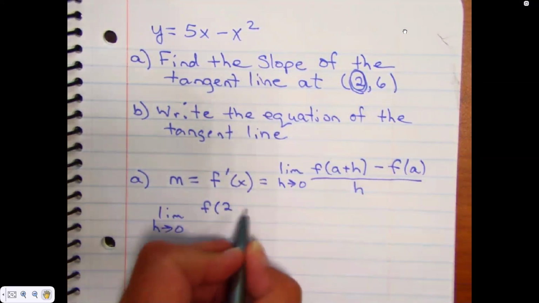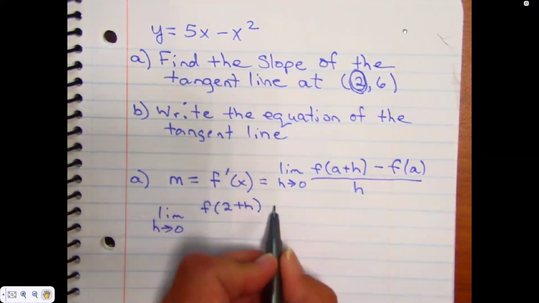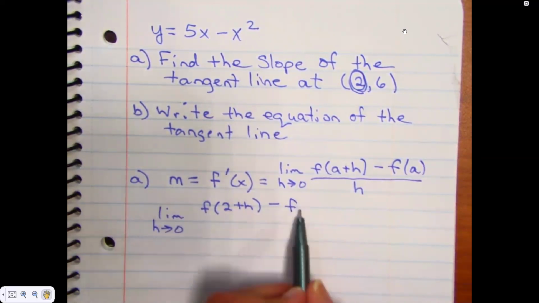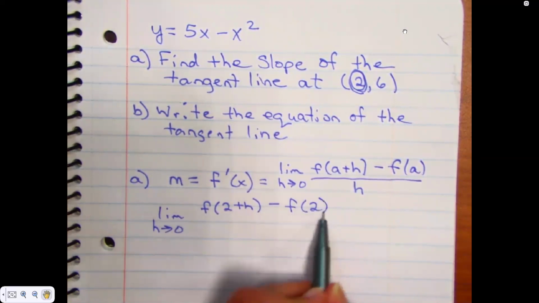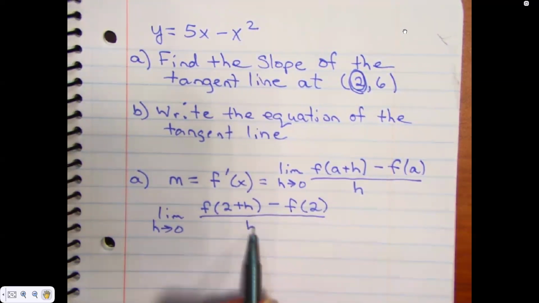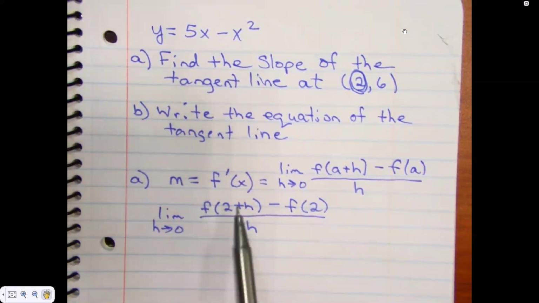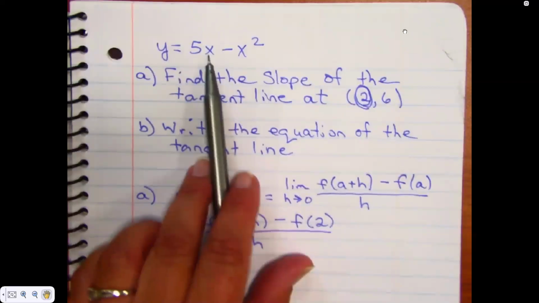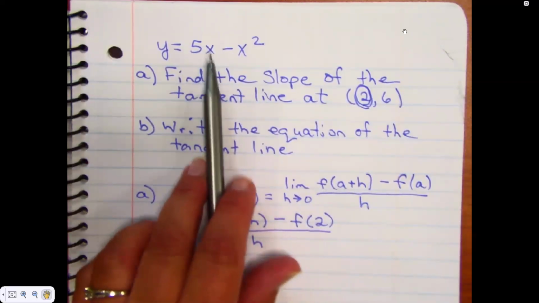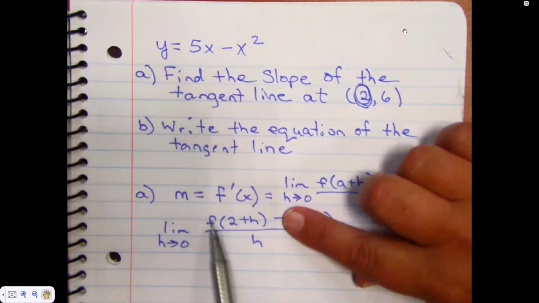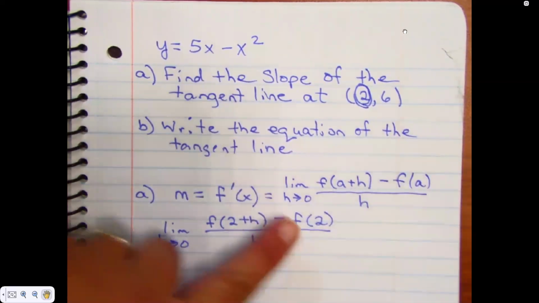So it's going to be 2 plus h minus f of 2 all over h. Okay, so now what does this mean? F of 2 plus h, that means I got to put a 2 plus h into here. Then we got to do a 2 into there.